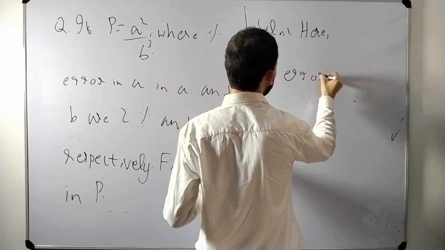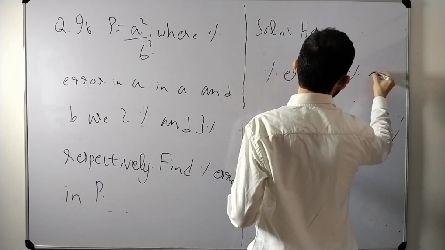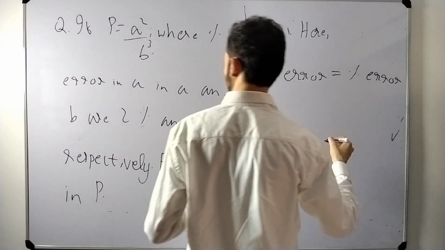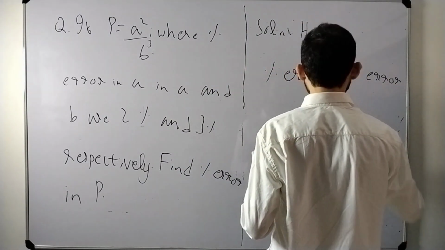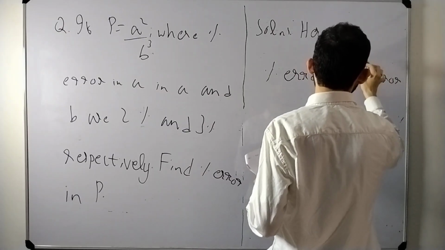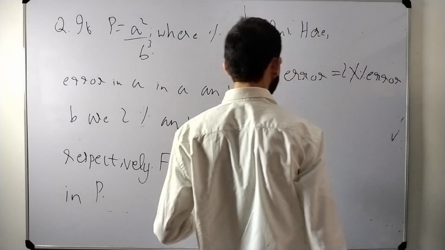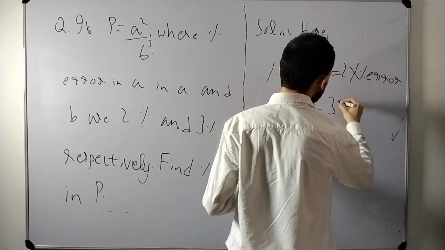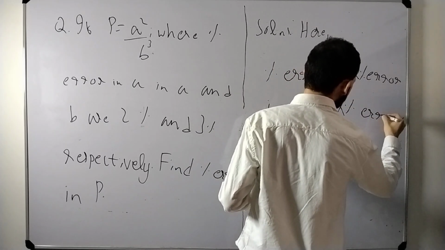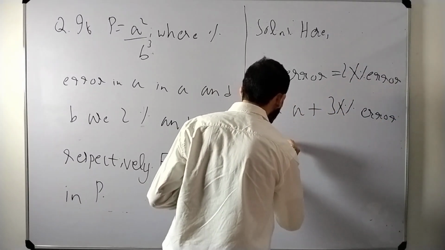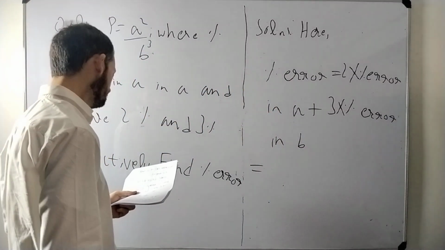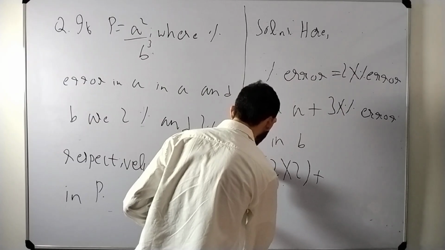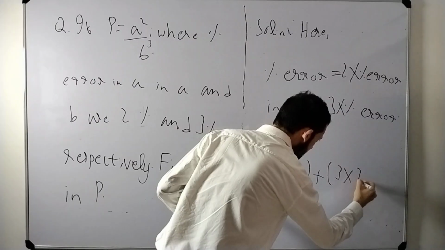Percentage error in P is what, students? 2 into percentage error in A, plus 3 into percent error in B. Now put the values of percentages here. 2 into 2 and 3 into 3, right students?